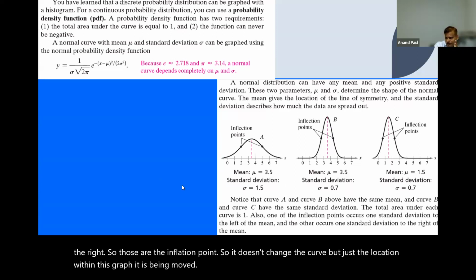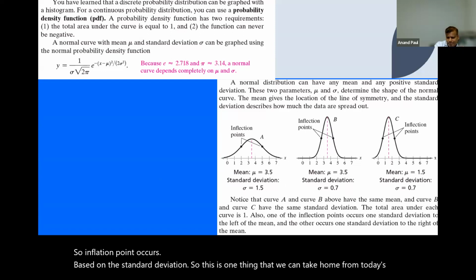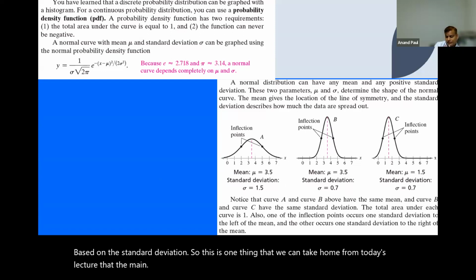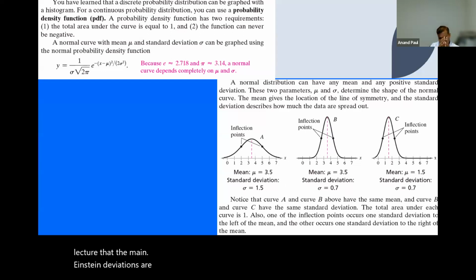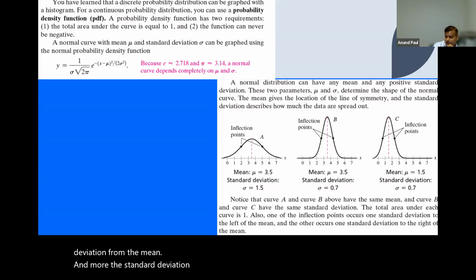So the inflection point occurs based on the standard deviation. This is one thing that we can take home from today's lecture: the mean and standard deviation are related. Whenever you say standard deviation, it's a deviation from the mean. And the greater the standard deviation, it is completely reflected in your curve.